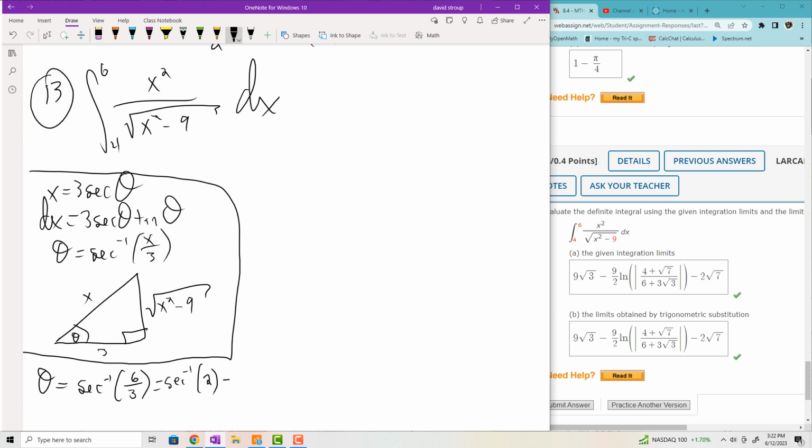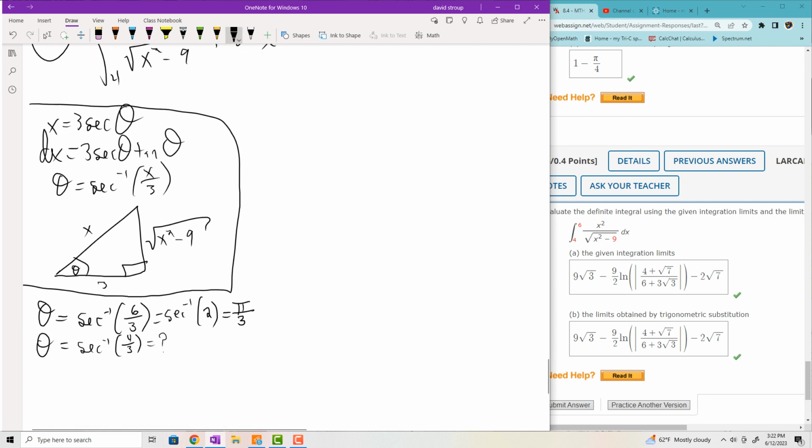Oh yeah, so that's equal to pi over, so secant again is 1 over cosine, so cosine of 1/2, that'd be pi over 3. And then the other theta would be secant inverse of 4 over 3. And yeah, I have no idea what that is. So you would just kind of have to leave it as secant inverse of 4/3 and then use it.